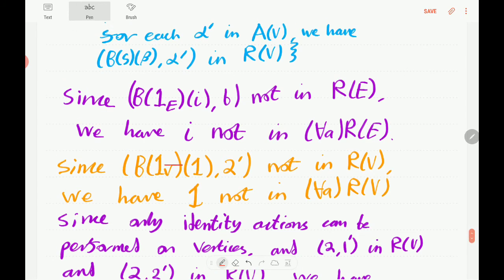And if you want to say it in a fancy way, you could say, well, if we do the identity action on 1, then that thing will not be in R relation with 2 dash. And therefore 1 is not going to be in for all AR.